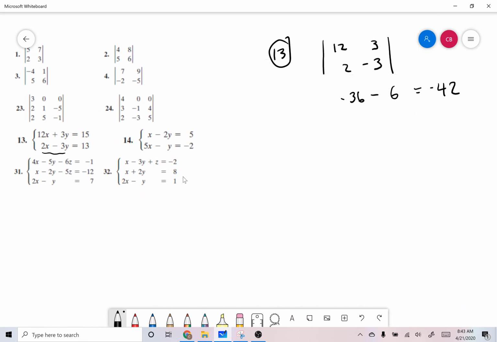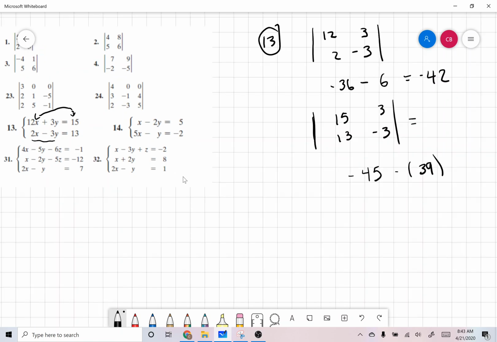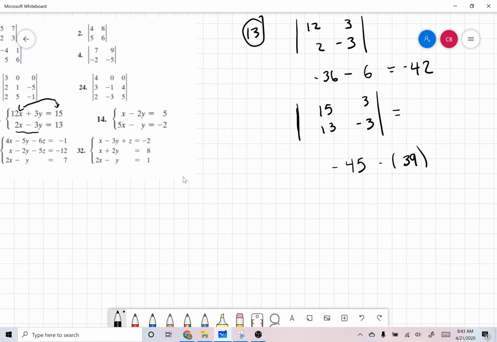But what Cramer's rule says is if we take these two solutions and plug them in for the x coefficients, so we've got 15, 13 instead of 12 and 2, and we've got 3 and -3, then this is going to equal -45 minus 39, which I think is -84.